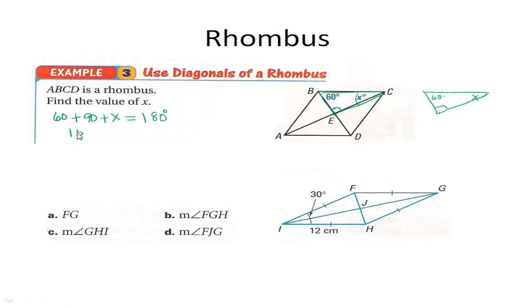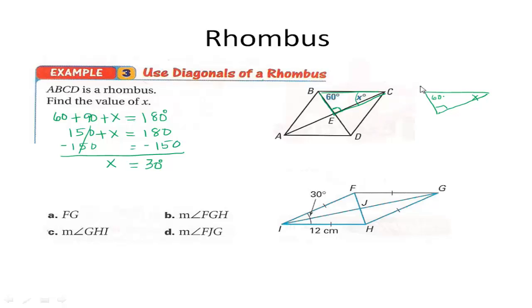So this is 150 plus x equal to 180. And to solve for x, you would have to subtract 150 from each side of the equal sign. And 150 minus 150 cancels out. x is equal to 30 degrees.